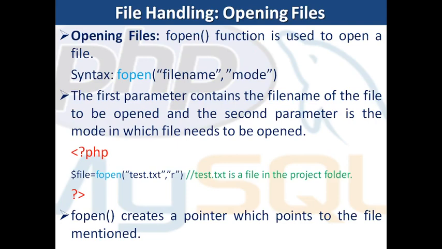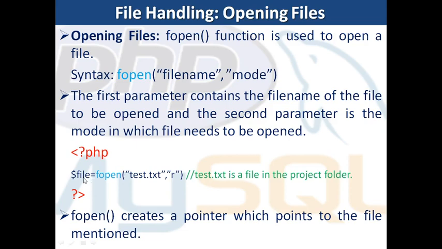Opening files. The fopen function is used to open a file. Syntax is fopen, file name, and then mode. The first parameter contains the name of the file to be opened, and the second parameter is the mode in which the file needs to be opened. We can open in read mode, write mode, or append mode.